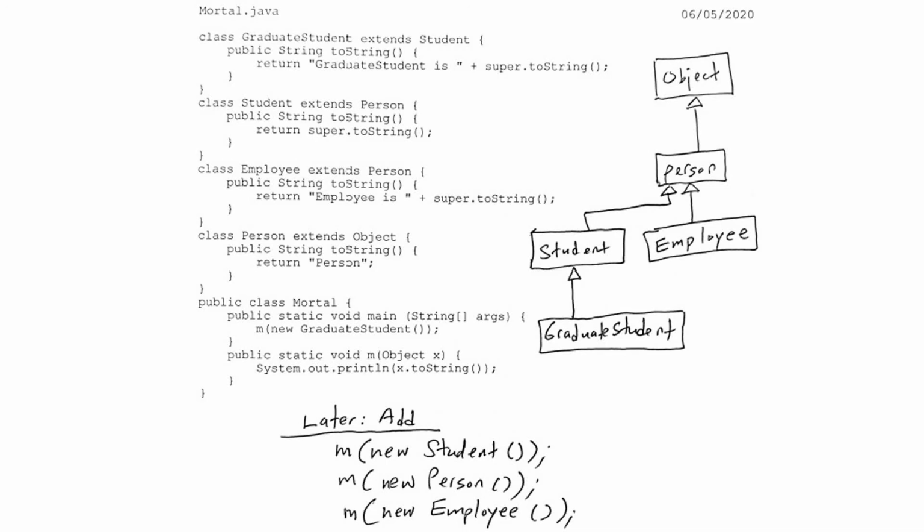After I create person, the compiler will go back. We create person, and then it will chain back, from person to student and then to graduate student.